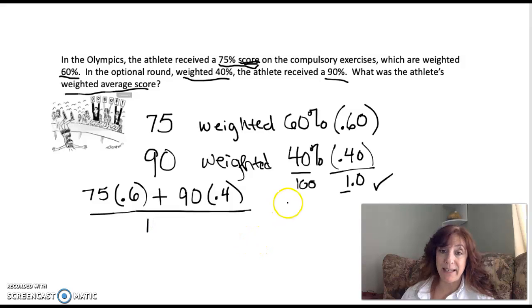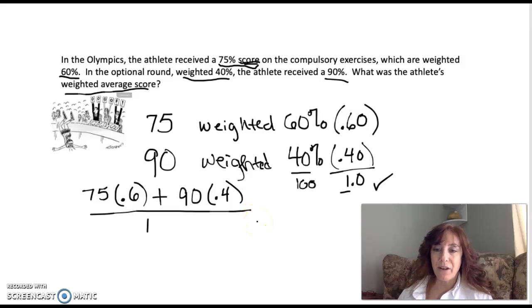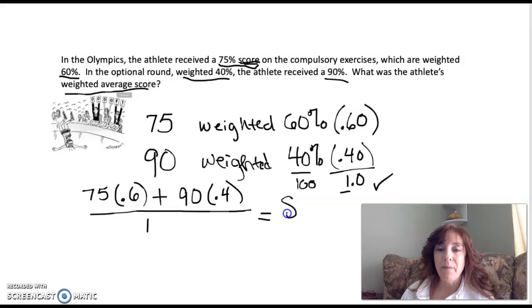It's confusing. And so you would take out your handy-dandy calculator, as I am doing right here, and I would multiply 75 times 0.6 plus 90 times 0.4, and I would get 81 on the top and 1 on the bottom, which is just 81.